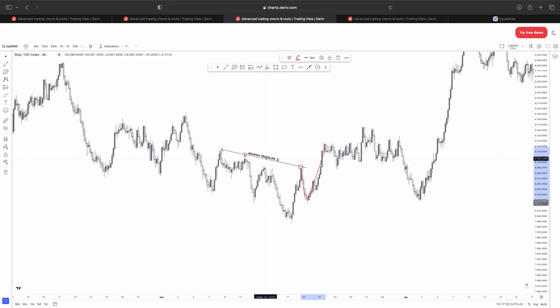And again, a lot of people that will be looking for selling opportunities around this area here becomes liquidity. And that's the main reason why price eventually pushed to the upside in order to try and grab the buy side liquidity that's resting above this bearish trend line. So I hope now you're getting the logic behind all this.